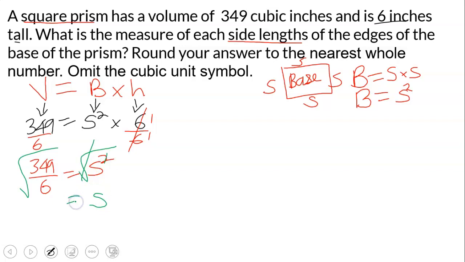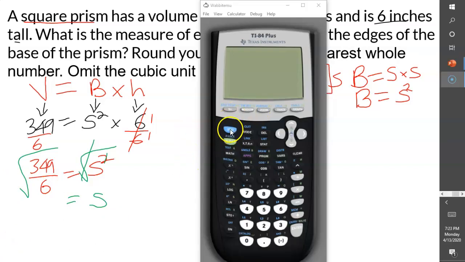So the side is going to be, we plug that into our calculator. We get the square root with second, and then plug in 349 divided by 6, all inside the square root. Hit enter. That's 7.62.